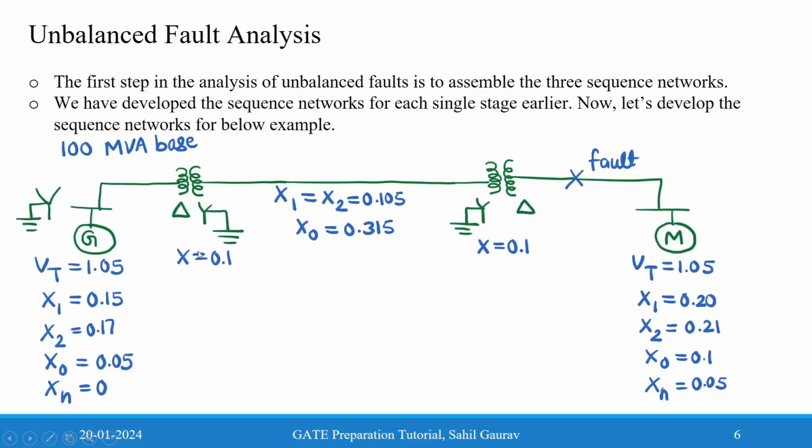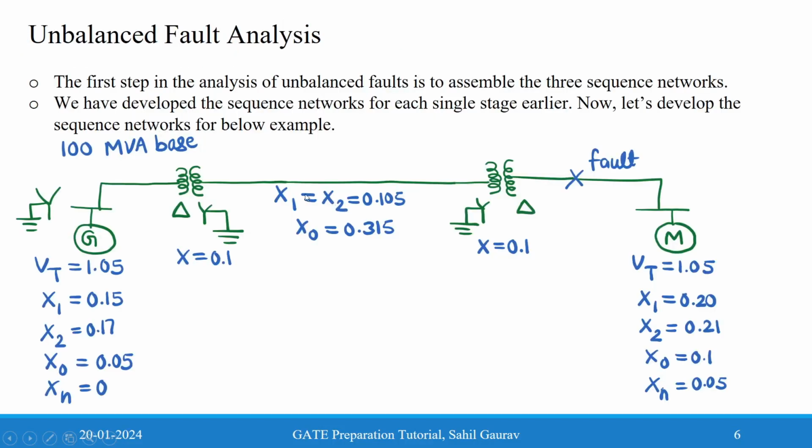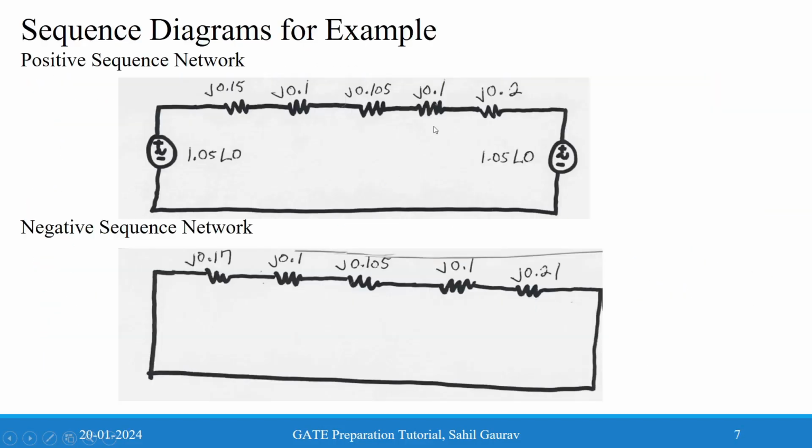For the transformer it is given as 0.1, so j0.1 we have written down, and for the transmission line it is 0.105, and for this transformer it is 0.1, and for the motor the reactance is given as 0.2 and this EMF is given.